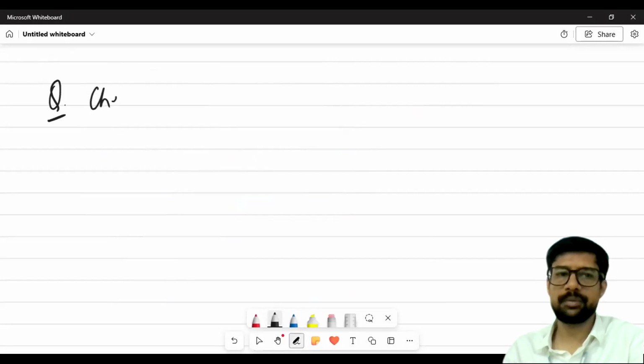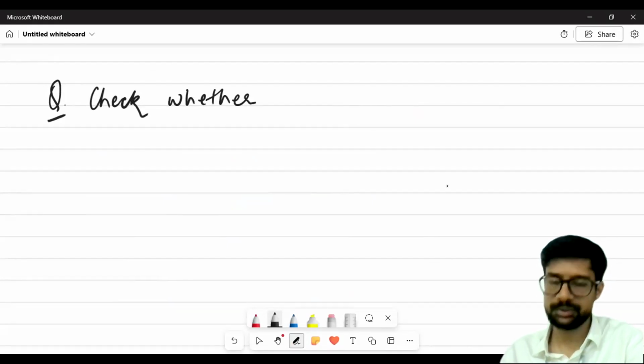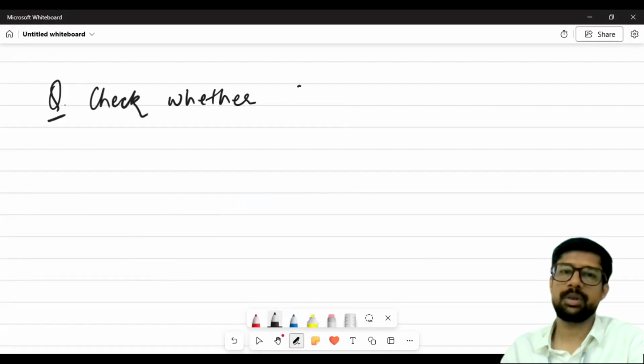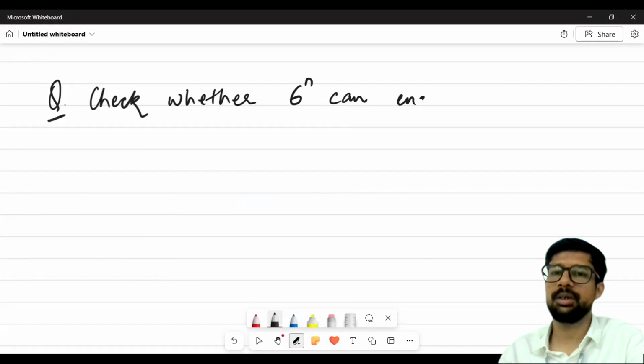This question is a part of NCERT. We are just including it here in the question bank just to mark its importance in the previous years. Check whether 6 to the power n can end with the digit 0.